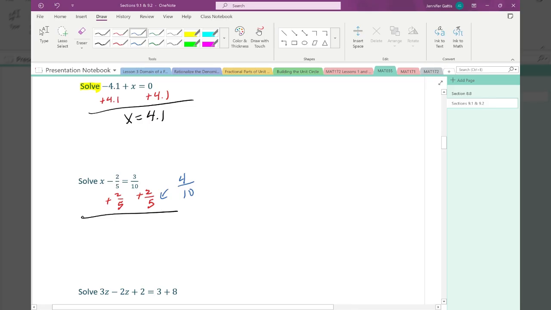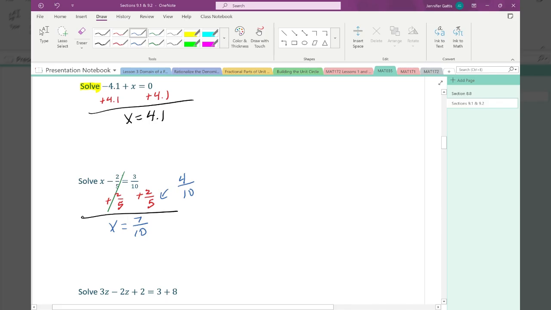Because remember, we need like denominators so that we can add. So by adding the opposite over here, it removes it. And we have x is equal to 7/10.